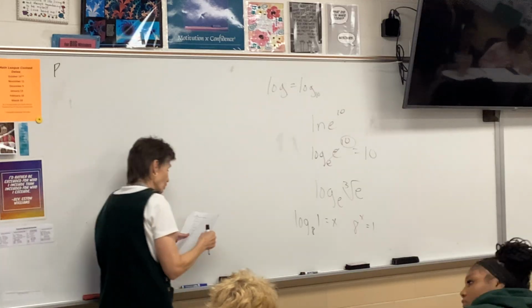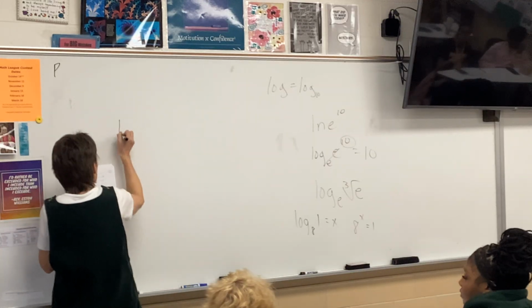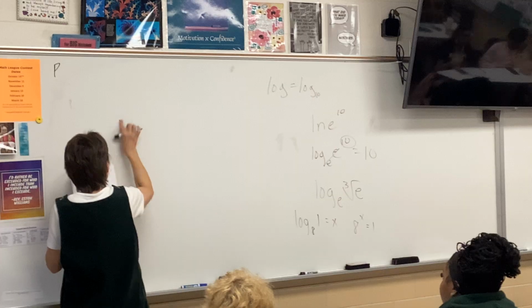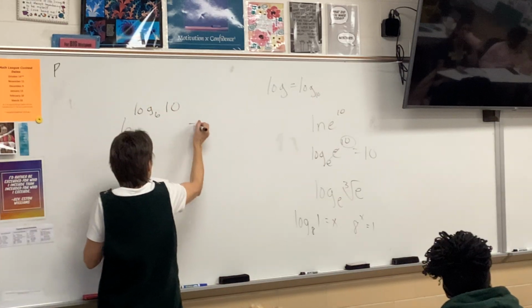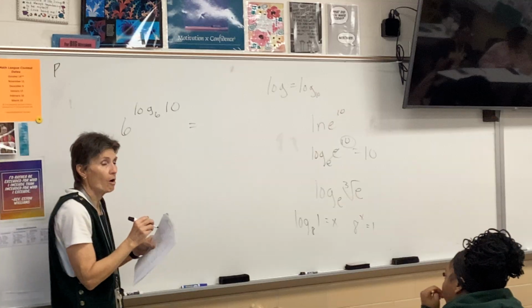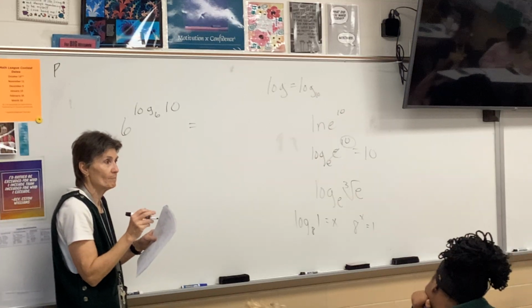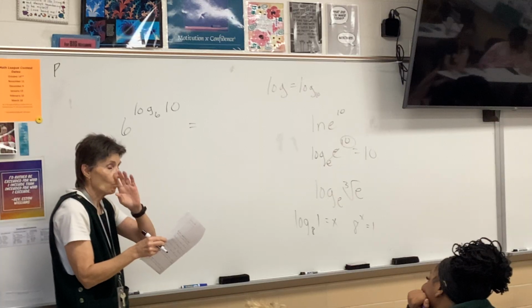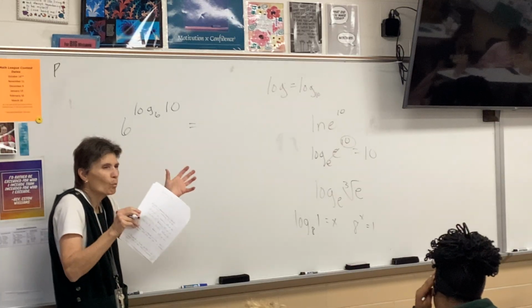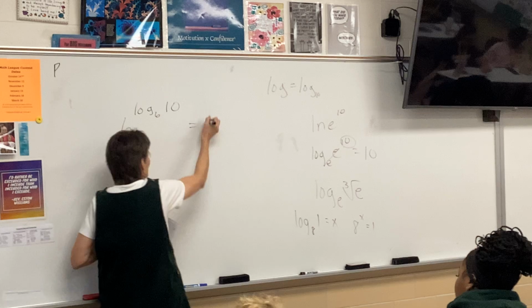So let's look at problem 18. This is a very hard looking problem, but it's a snap. Take a wild guess, just a random guess. 10. It absolutely is 10.